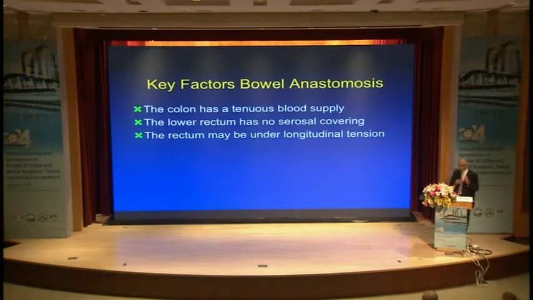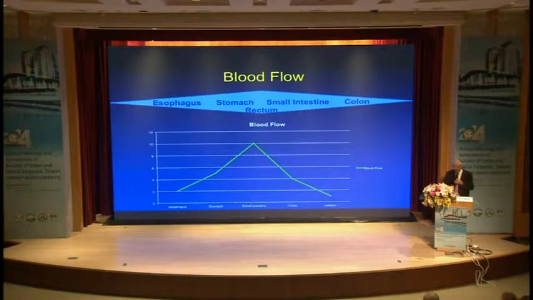I think you have to realize that the blood flow through the colon is tenuous. If you look at this slide and you see the differences in blood flow, or the ease of blood flow, you can see that it ranges from being very poor in the esophagus to being very good in the small intestine, but also going down as you go to the colon and then to the rectum.